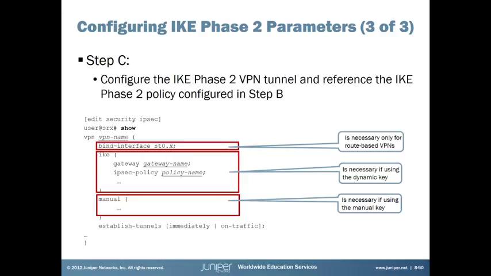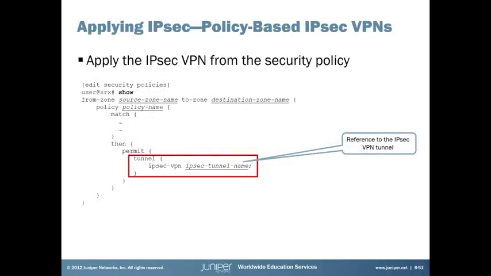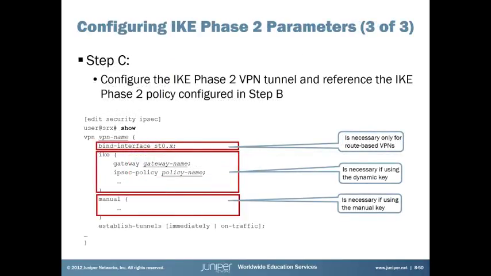The usual thing is you establish the tunnel immediately, so your tunnel comes up straight away. The benefit of that is you want to know, really, is my VPN up? So generally you put establish tunnels immediately. So that was the route-based phase.